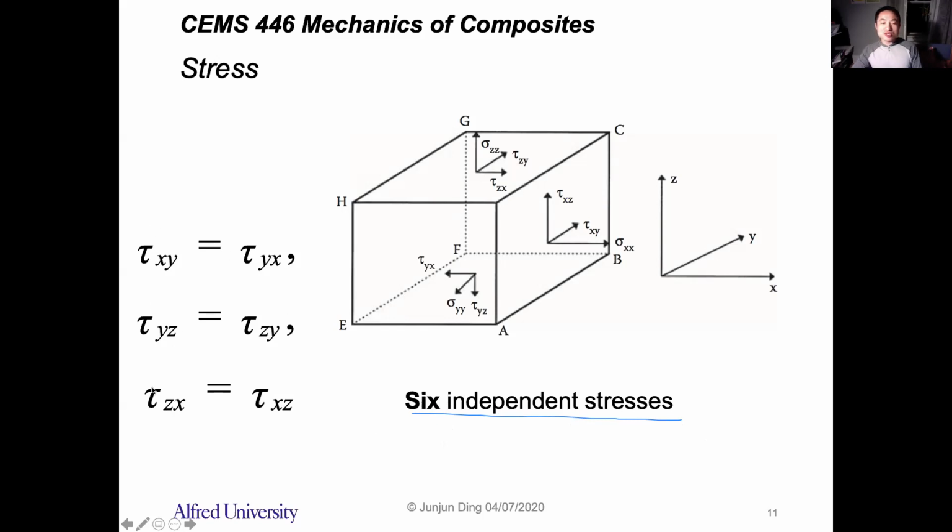You have 3 different shear stresses, right? And 3 normal stresses. So 3 normal stresses plus 3 shear stresses, then you get 6 independent stresses. Okay, so this is the stresses in the 3D domain.